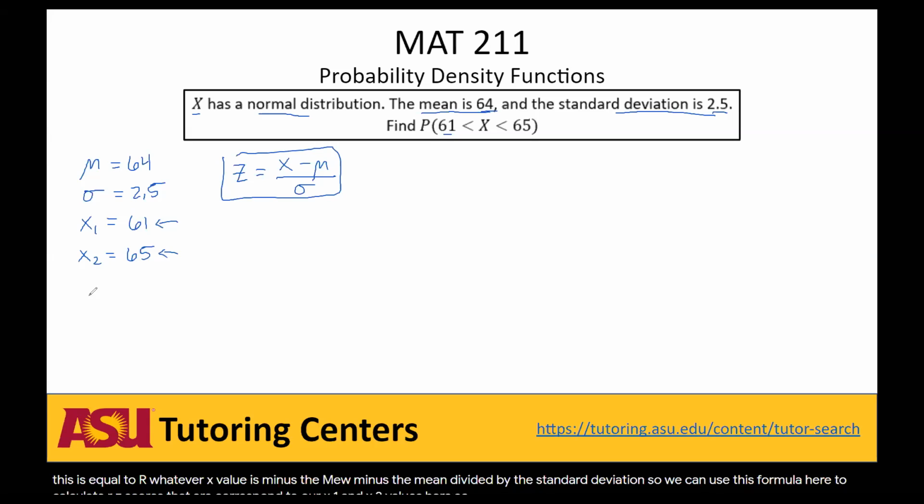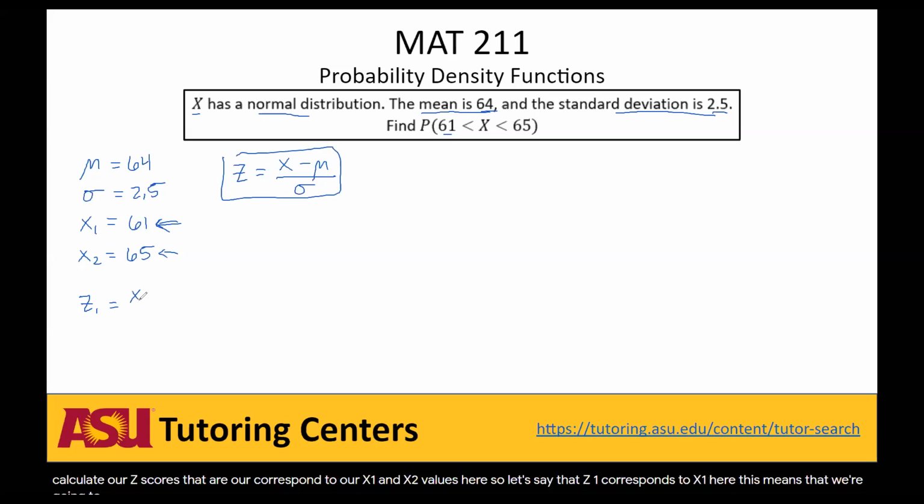So let's say that Z1 corresponds to X1 here. This means that we're going to have X1 minus mu over our standard deviation, which is equal to 61 minus 64 over 2.5, which is equal to negative 1.2.